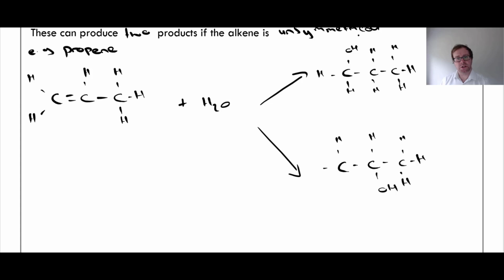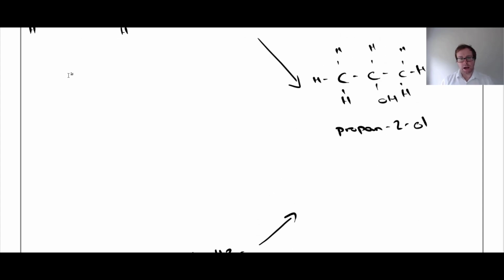So because of the shape of my propene is unsymmetrical, I have actually made two different products, propanol and propan-2-ol.